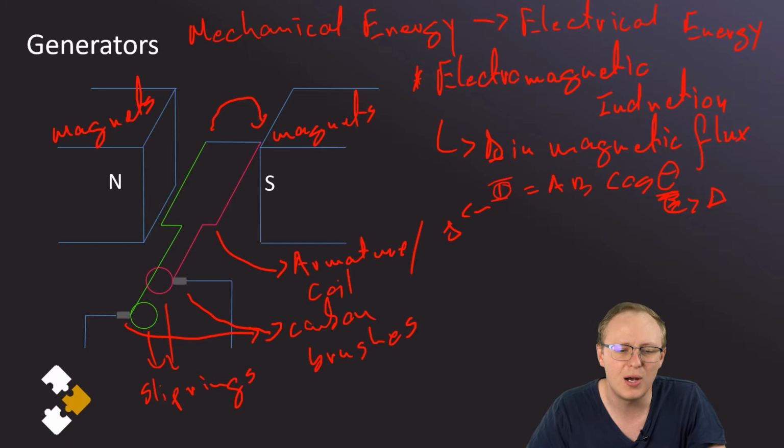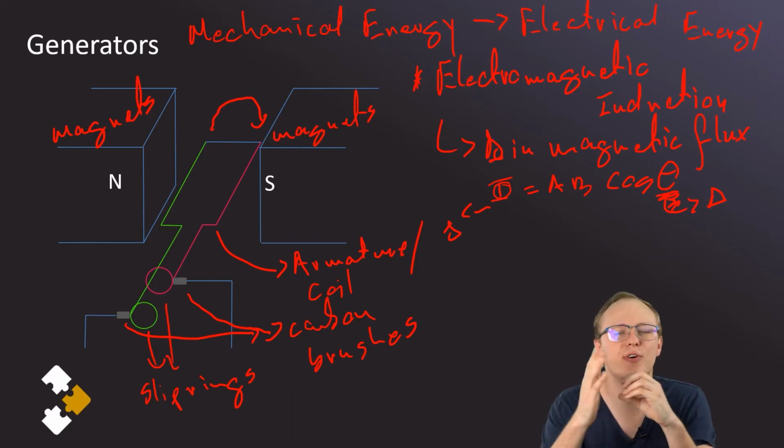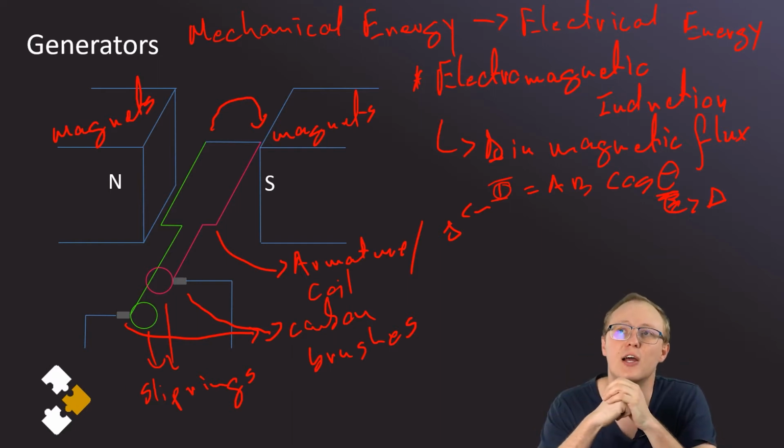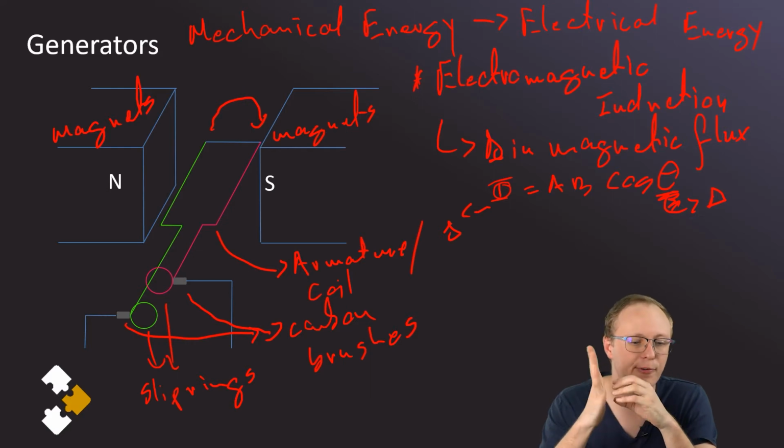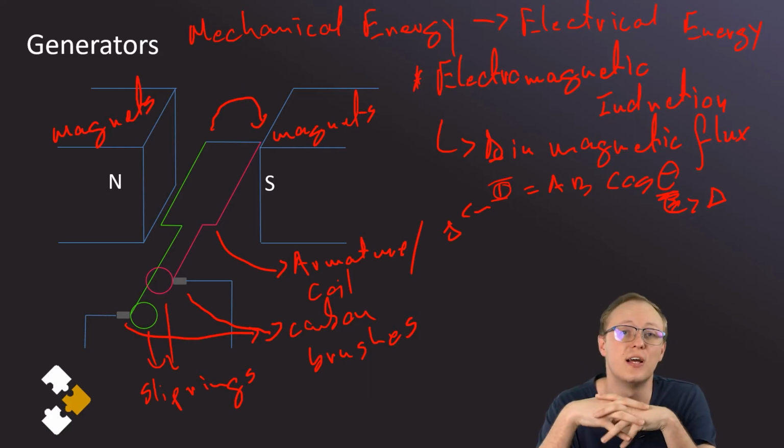Now, they might ask you, or you might be wondering, why on earth are these brushes made out of carbon and not maybe something like copper, which is a metal? So graphite has a very, very low coefficient of friction. In other words, things can move against graphite very easily, which means that there's lower friction between these slip rings that are actually moving against these brushes.